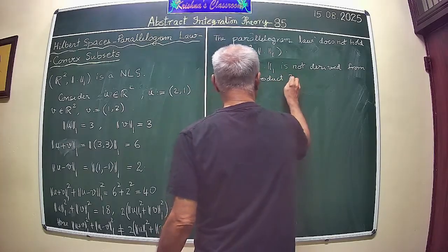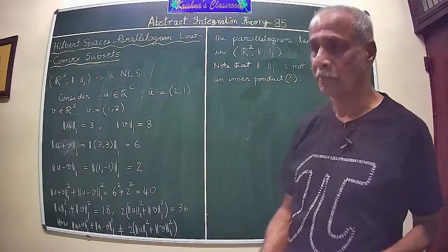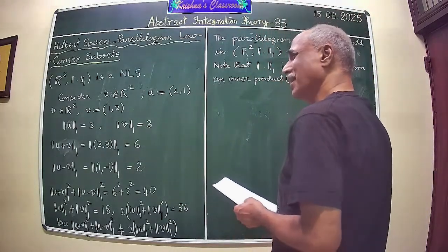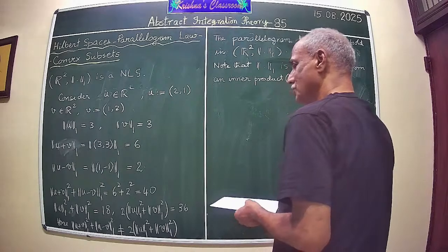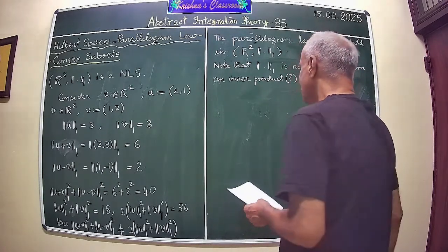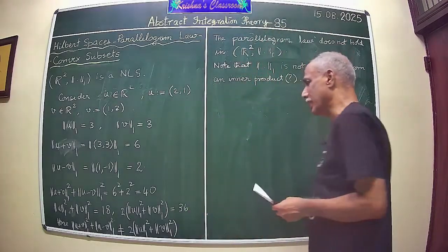Of course, you might ask the question, do you have another inner product on the space from which norm 1 can be derived? Okay. So, we shall address this question. Right. So, that's a question that can arise.